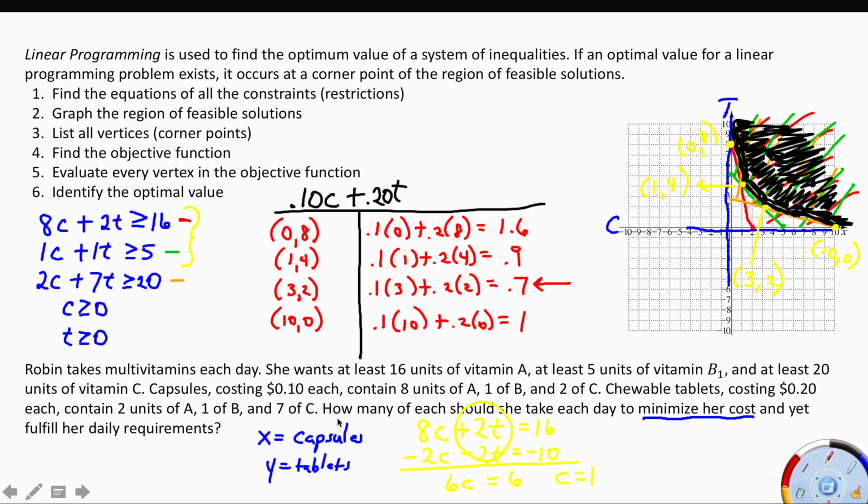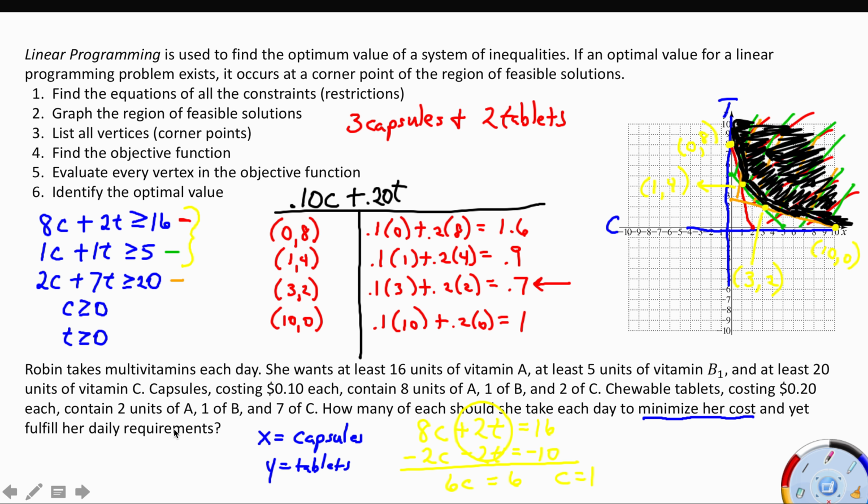So don't forget to actually answer the question. How many of each should she take? She should take 3 capsules and 2 tablets. That's answering one question. Should she take each to minimize her costs and yet fulfill her daily requirements?